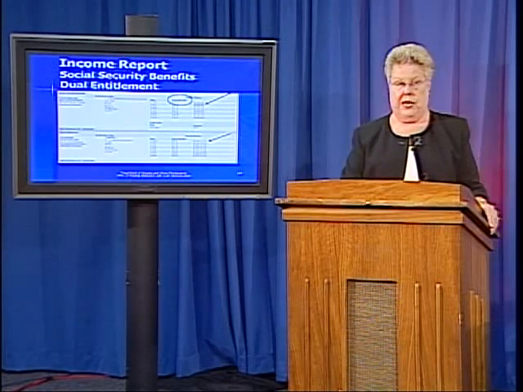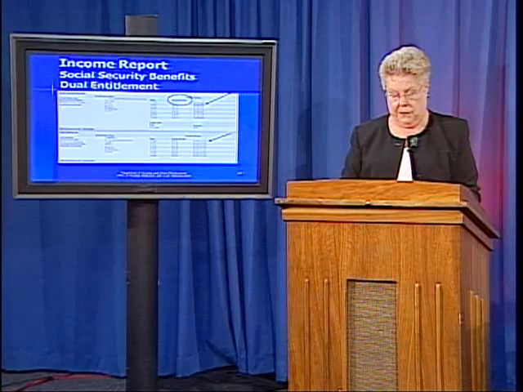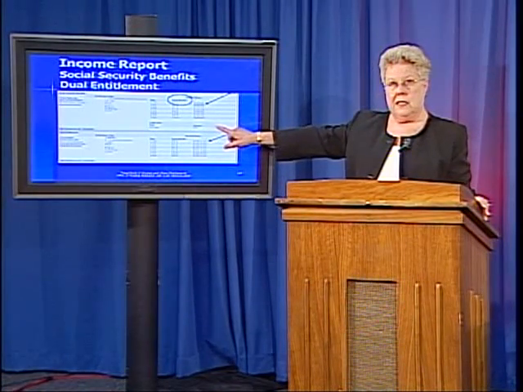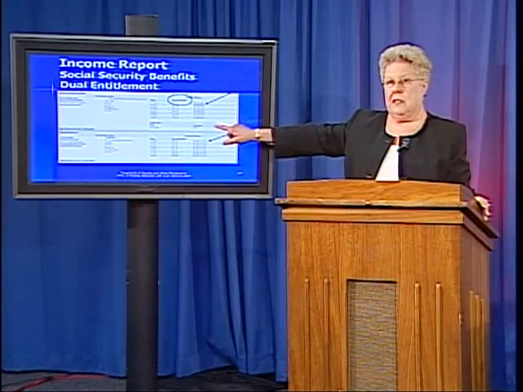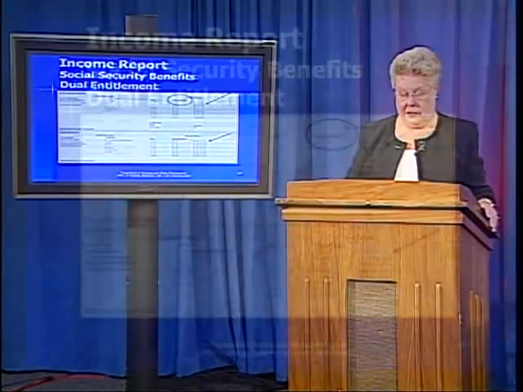So you want to pay close attention to that column also. Up here, if the tenant had received a lump sum payment, maybe for a delay in the start of benefits, there would be a lump sum payment shown in that field.